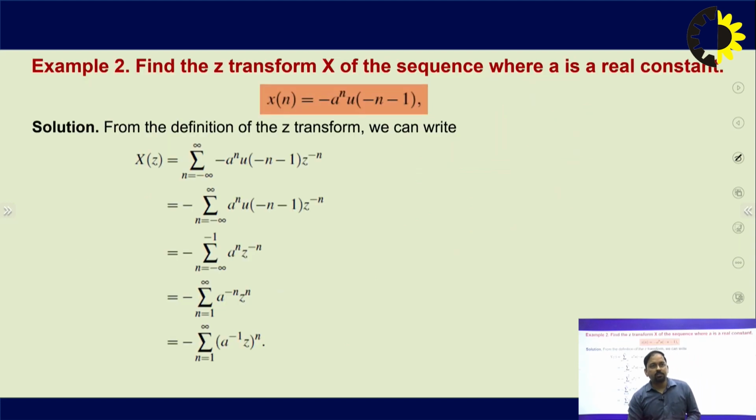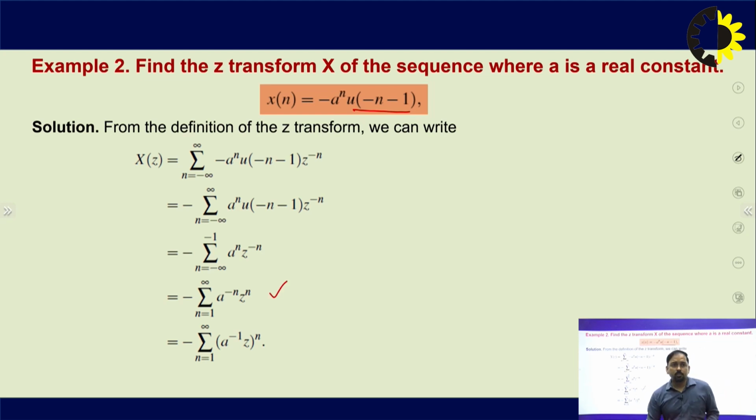Next question we have, find the Z transform of the sequence minus a raised to power n u of minus n minus 1. So how can we start? As per u of minus n minus 1, the limits have to be minus infinite to minus 1, a raised to power n and z raised to power minus n.